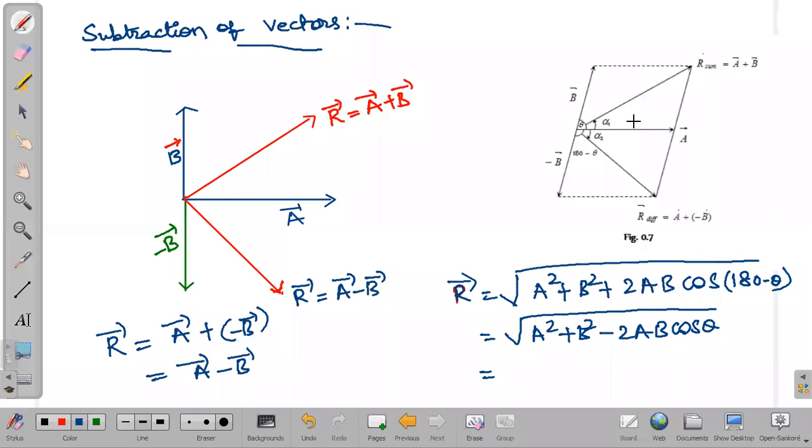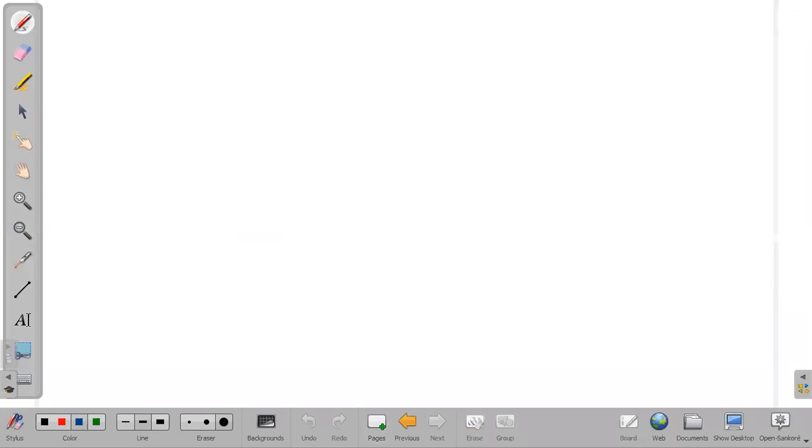How did we get it there? B sin theta by A plus B cos theta we have done there. Here also we will get it. I don't have space here, so I will write it on the next page. Already when taking the angle, tan alpha, there we have written that tan alpha is equal to B sin theta by A plus B cos theta.